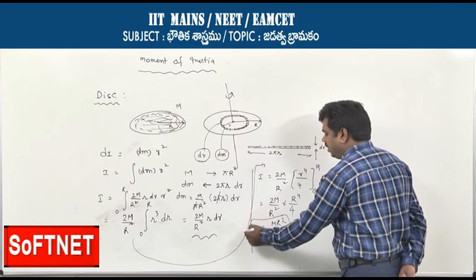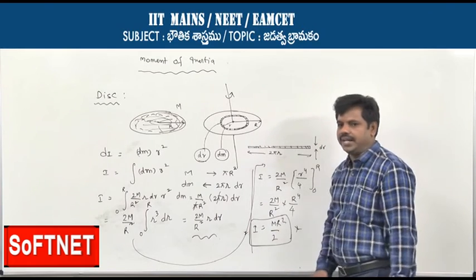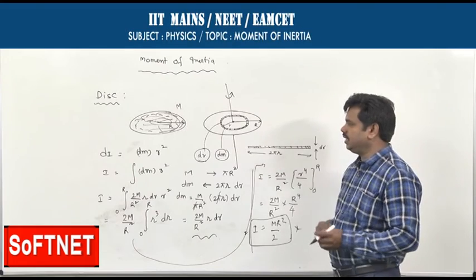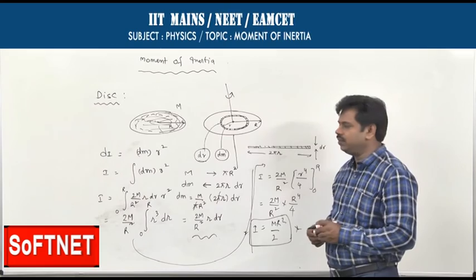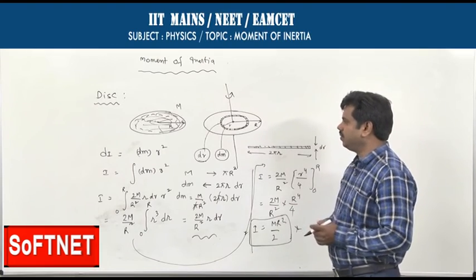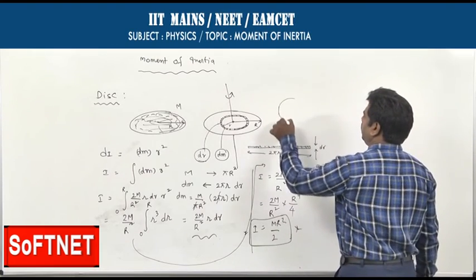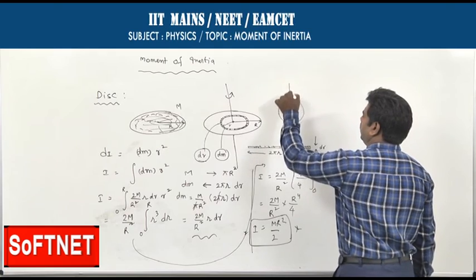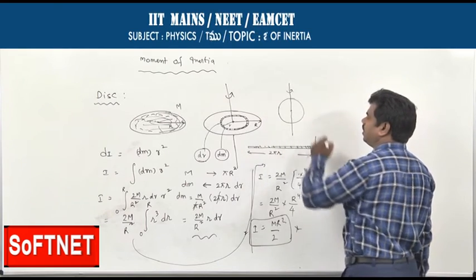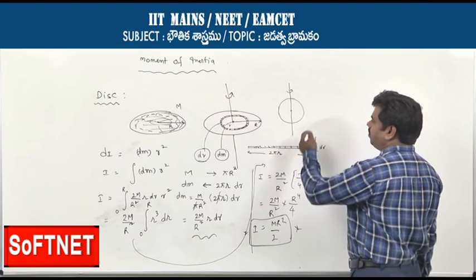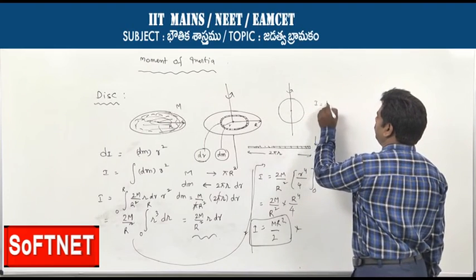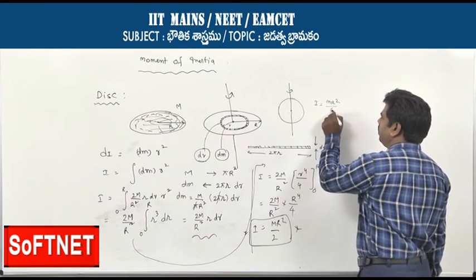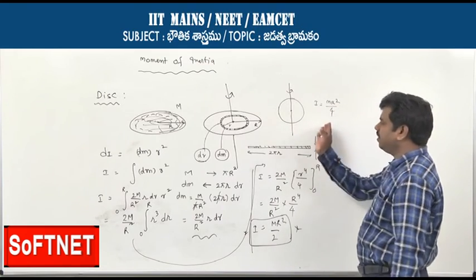This is the moment of inertia of the disk about an axis passing through the center and normal to the plane. I is equal to MR square by 2, and whenever you know this value, then happily you can find out the moment of inertia of the disk about the diameter also. You try yourself by applying the perpendicular axis theorem. That value, you will get, is MR square by 4.